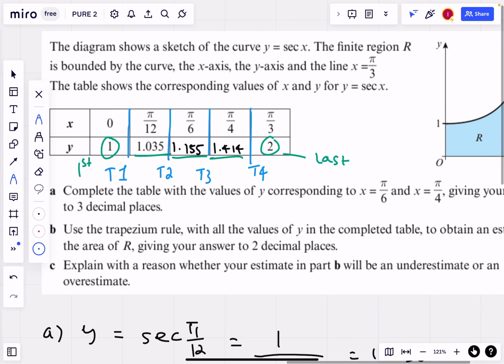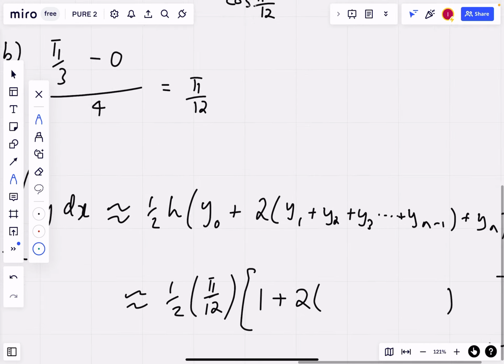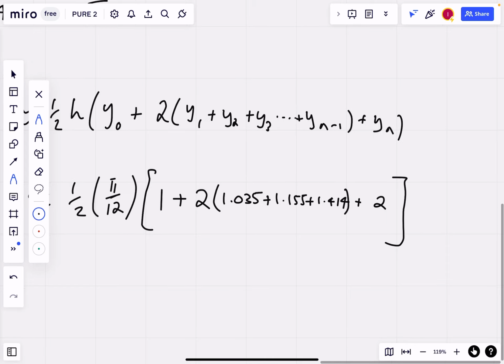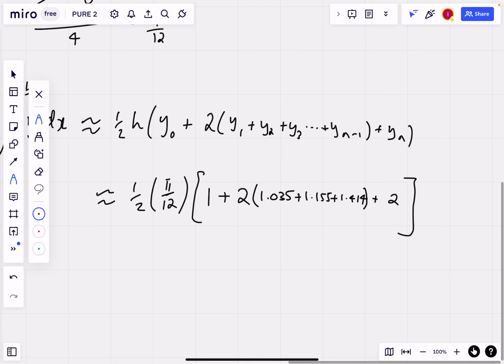That's what goes inside your brackets when you have the 2 and then the open bracket. So, you've got 1.035 plus 1.155 plus 1.414. Okay, and then the last one. Cool. Now, just got to stick that in the calculator. After sticking that in the calculator, you have approximately 1.34 to 2 decimal places. That's your answer. Done.